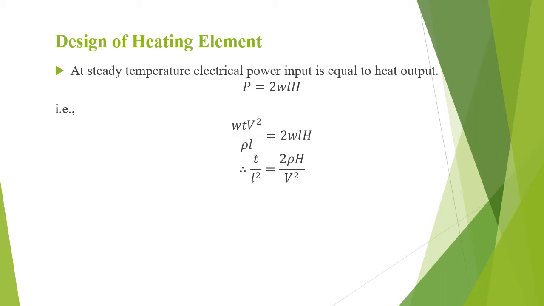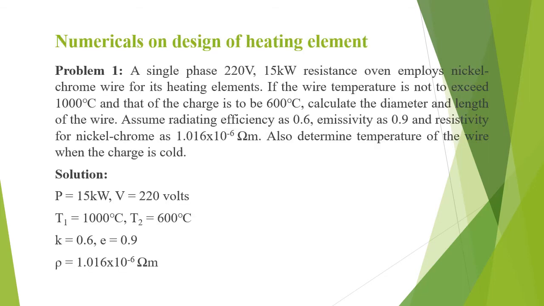Solving the two equations, L by WT and T by L square, we can find out the terms L and W, that is length and width of the rectangular strip, given the value of thickness of the rectangular strip. Next we will see the numericals and how to solve them.